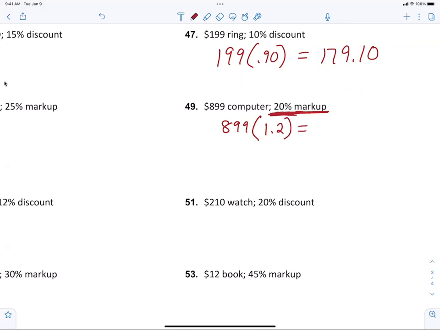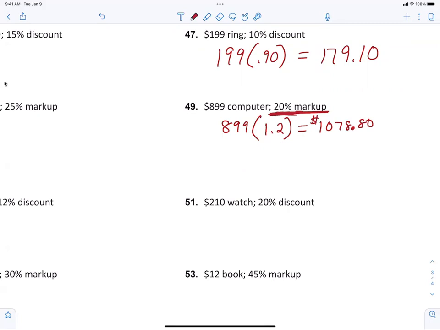Go ahead and do that real quick. So the cost of the computer is going to be how much? $1,078.80. Anybody else get $1,078.80?